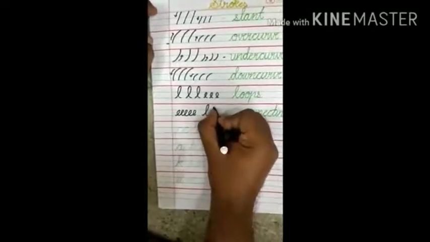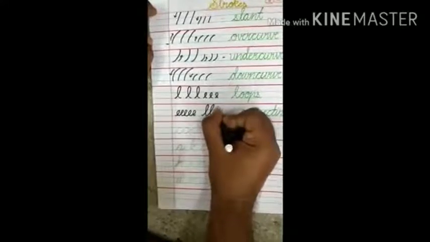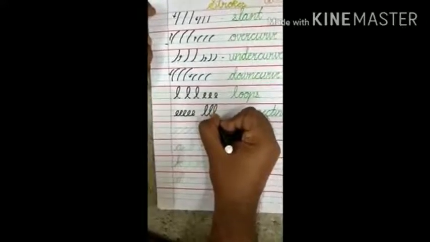Take it like this, come again, join with under curve like this. You can see the under curve, children.